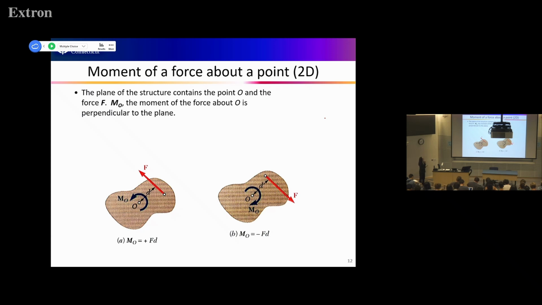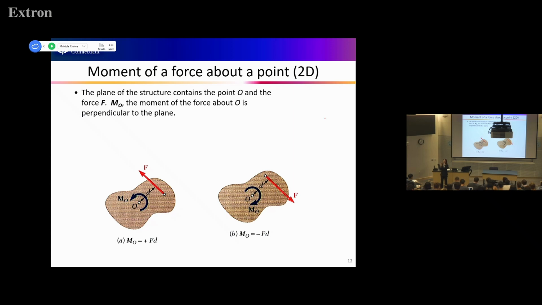So, moment of a force about a point, 2D. What is moment? Moment is a sort of sensation that induces rotation, okay? If there is a pivot point, moment should always have a reference point, some kind of pin or pivot point, and then on this object there is a force induced, right?